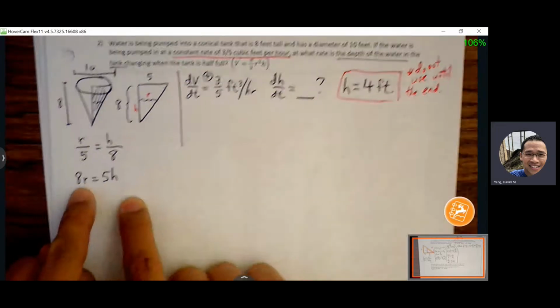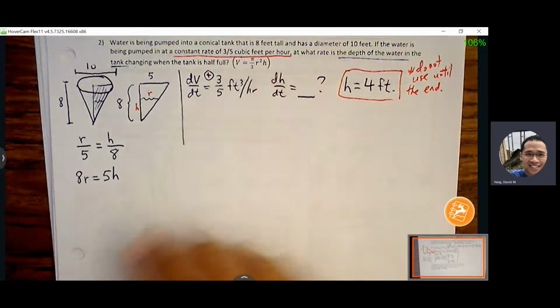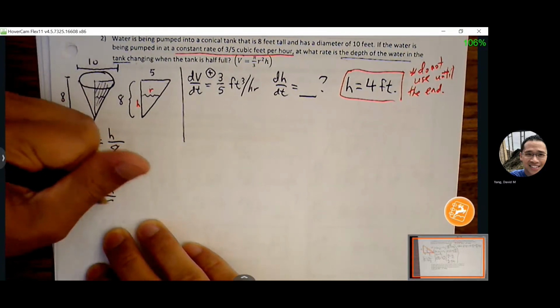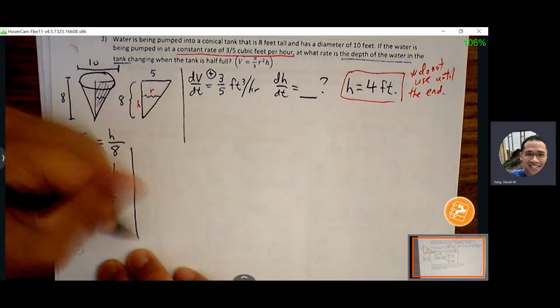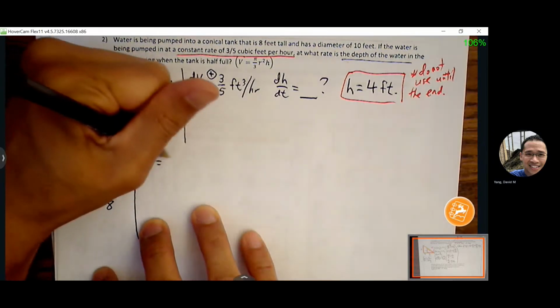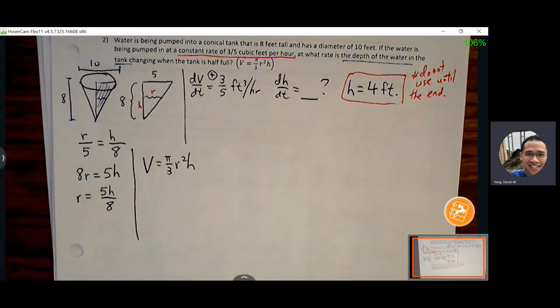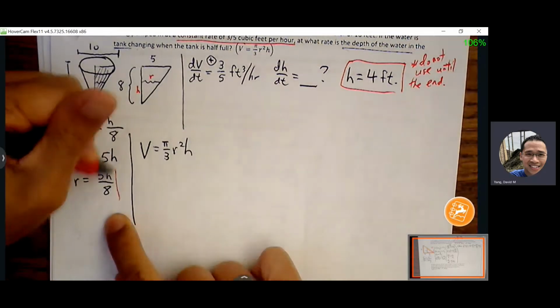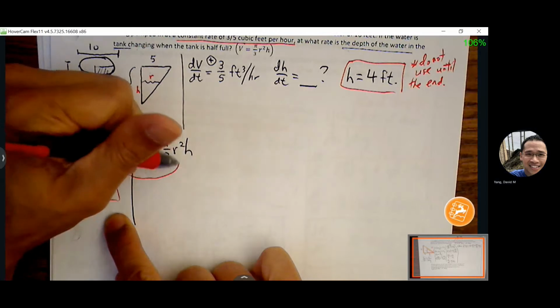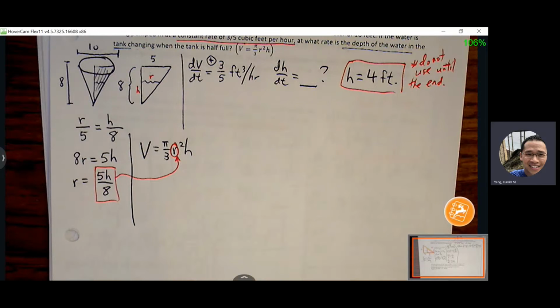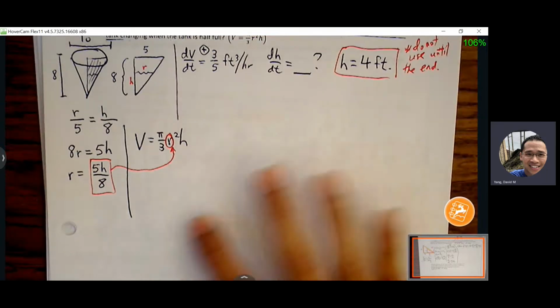So I'm going to solve for r here, so I can replace r in my volume equation. There's my volume equation. I'm going to take this and insert it into the r. Now my volume equation should just be purely in terms of h.